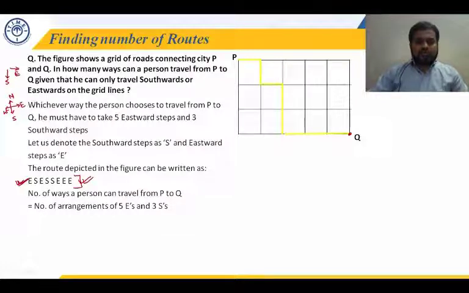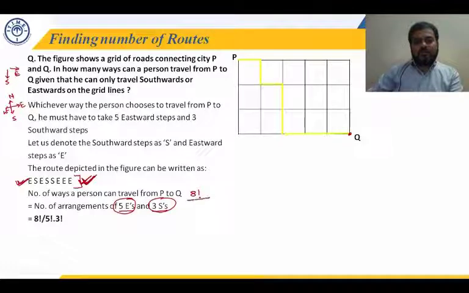So the total number of ways in which you can arrange all these 8 things in a row will give you the total number of ways to reach from P to Q. So it is basically the number of arrangements of these 5 E's and these 3 S in a row. How many ways can we do that? 8 factorial by 5 factorial into 3 factorial. Where did that come from? In total we have 8 things to arrange, so 8 factorial.